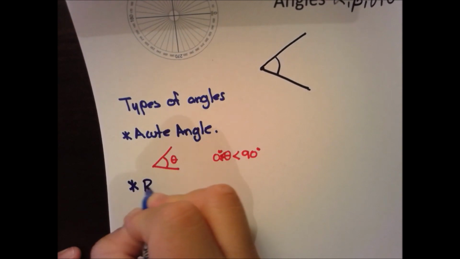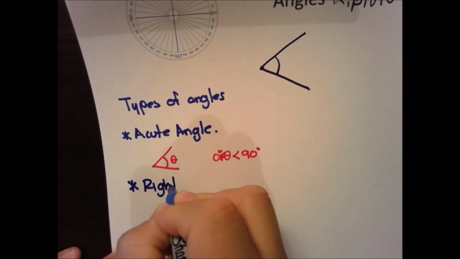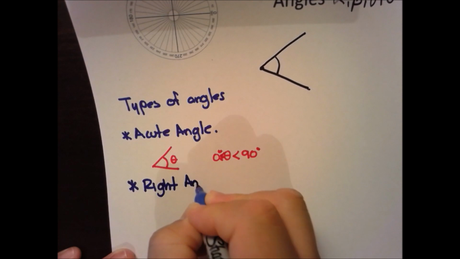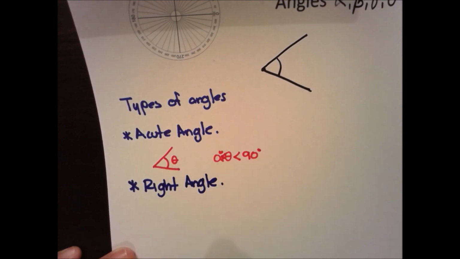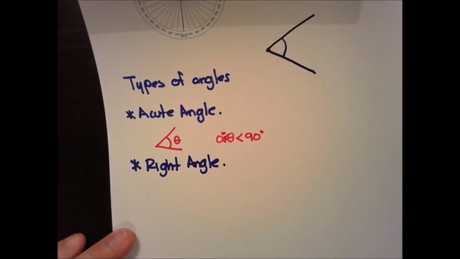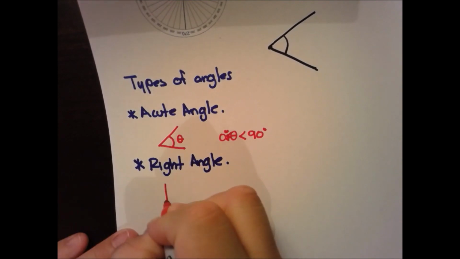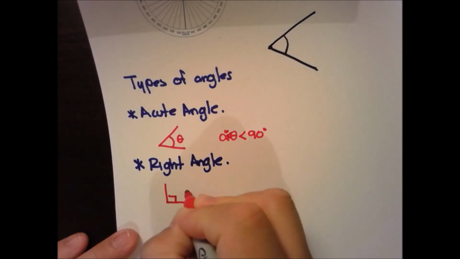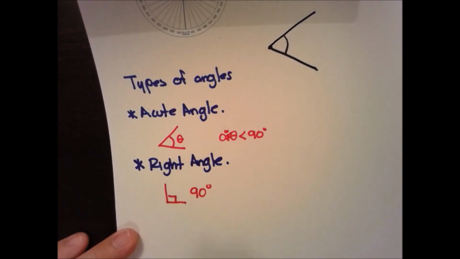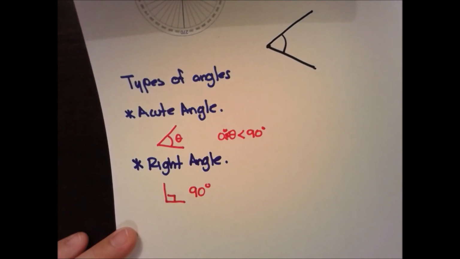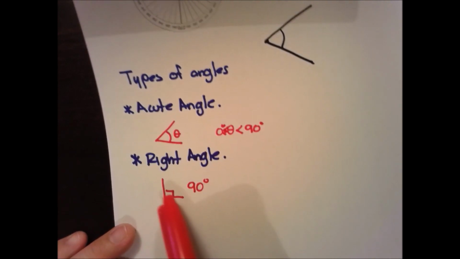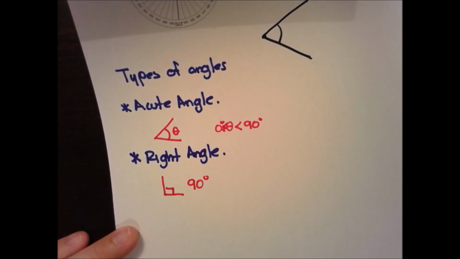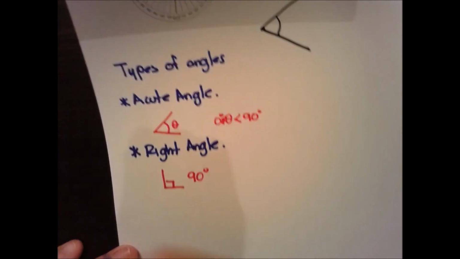The next angle is called the right angle. The right angle is when the opening is exactly 90 degrees. And in that case, the representation of the opening is not going to be a curve, it's going to be a square like here.